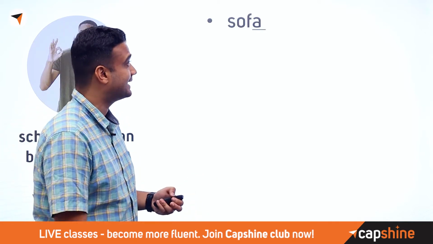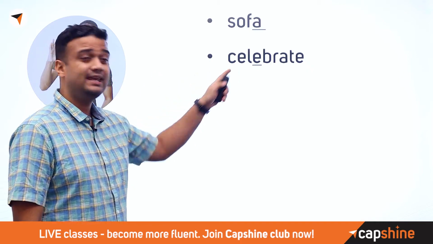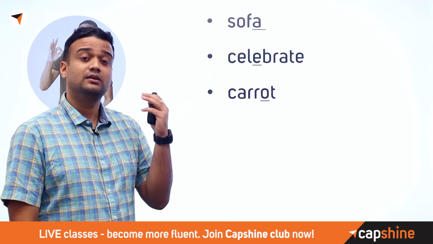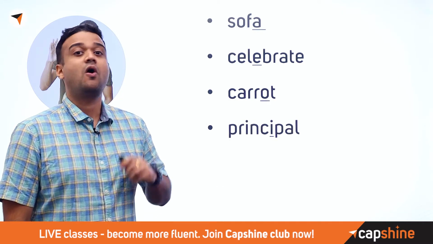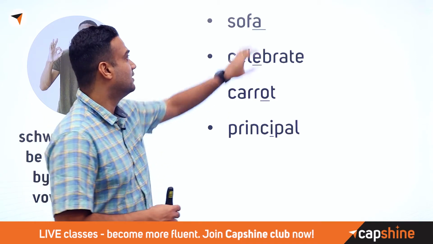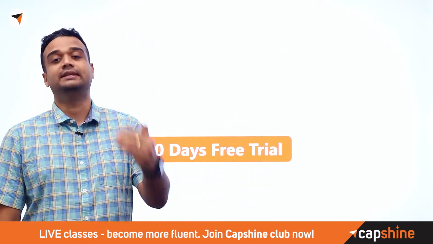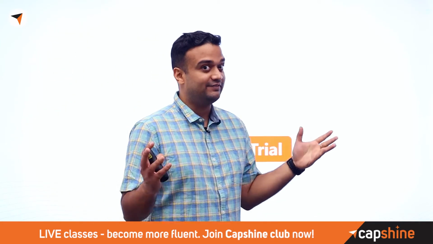For example, it can take the A in sofa, or the E in celebrate, or the O in carrot, or the I in principle. All of these use the schwa sound for the corresponding letters, and it can take any of these letters which are vowels, right? And that's what makes it very important.